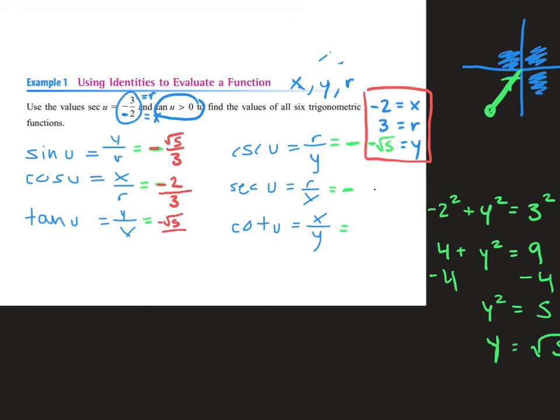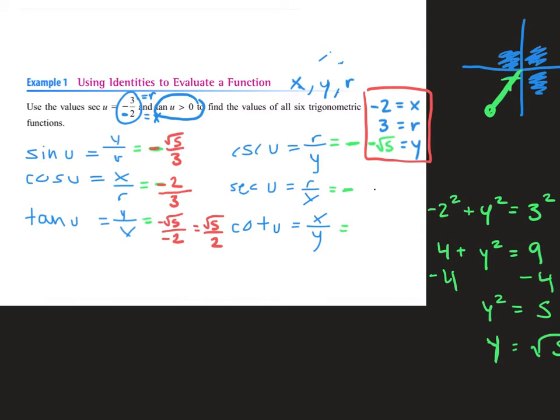What's our x? Negative 2. What does this simplify to? Positive square root of 5 over 2. Awesome. We knew our tangent had to be positive, so the negatives just end up canceling each other out.